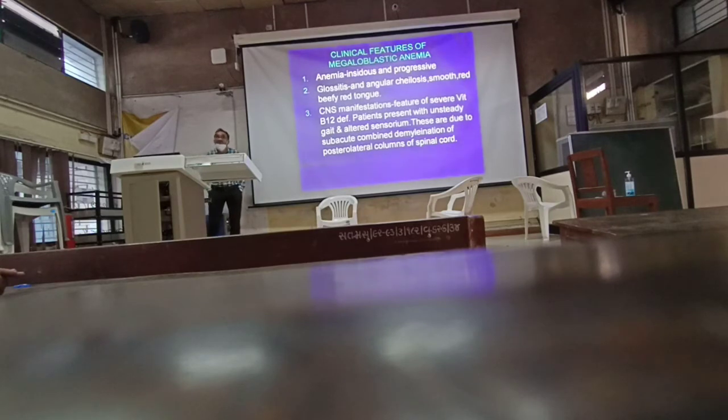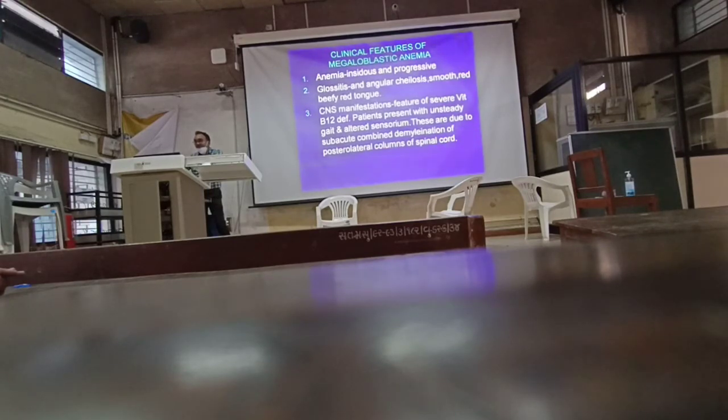What will be the clinical features because of this? One important feature is anemia, insidious and progressive, glossitis and angular cheilosis, a smooth, beefy red tongue is a typical presentation, and the most important is CNS manifestation, that is features of severe vitamin B12 deficiency.